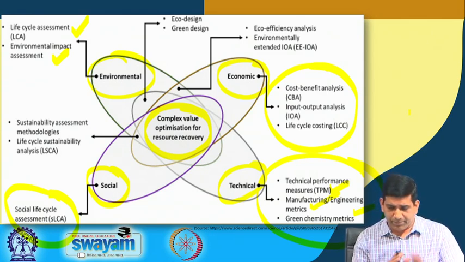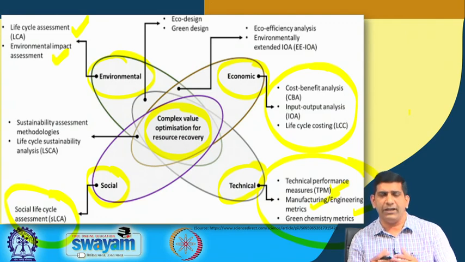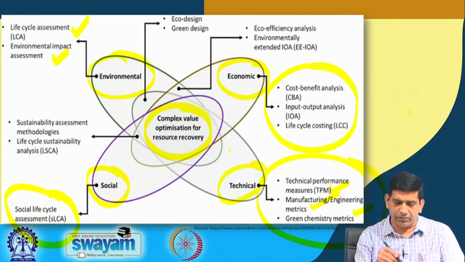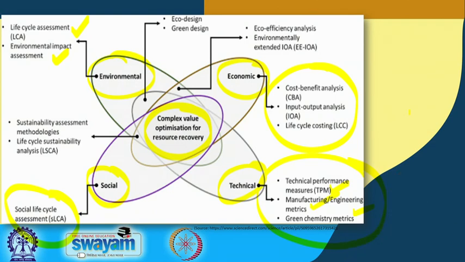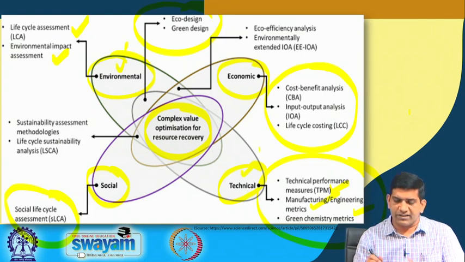So that's the bigger picture of the four bigger areas. Now, in terms of the overlap areas, when we look at the two small ovals in the middle, here we are looking at eco design and green design, which work with both the environmental and technical aspects.